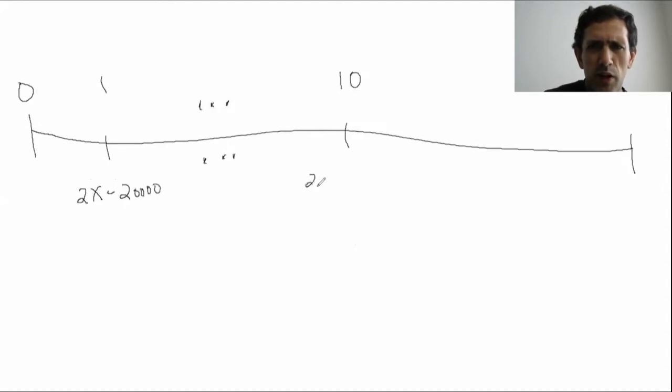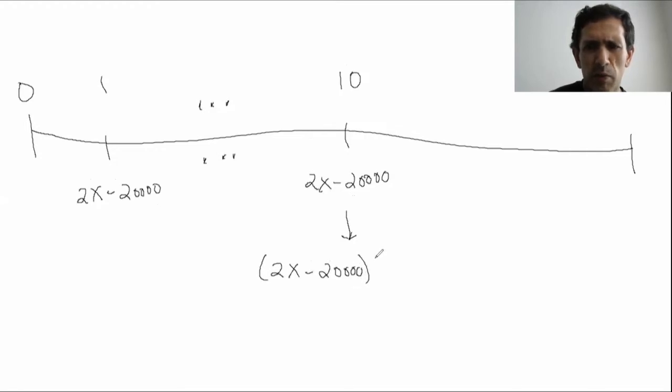Okay, so 2x minus 20,000. The sinking fund interest rate is 12%. So the accumulated value at the end of 10 years is just an annuity immediate. 2x minus 20,000 s angle 10 at 12%. Again, 12% yearly interest is the sinking fund interest rate.